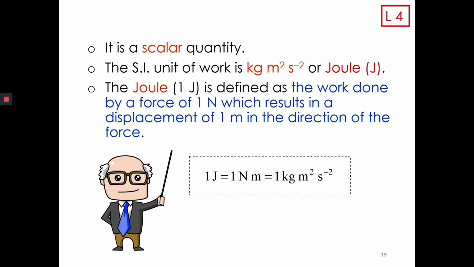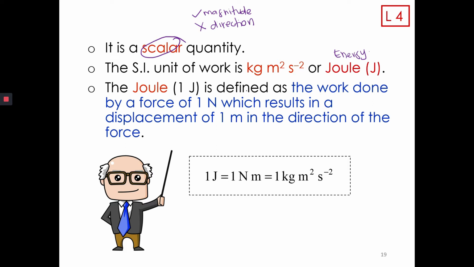Work is a scalar quantity. What does it mean by scalar quantity? Scalar means it has magnitude but no direction. The SI unit for work is kg m squared s negative 2, which is the same unit as energy, where we use joule.